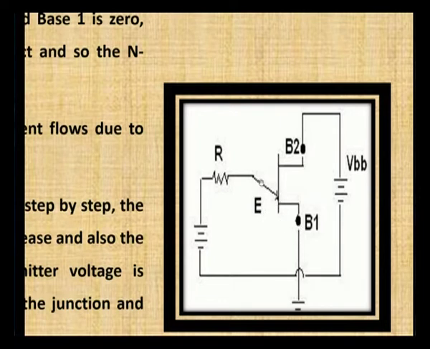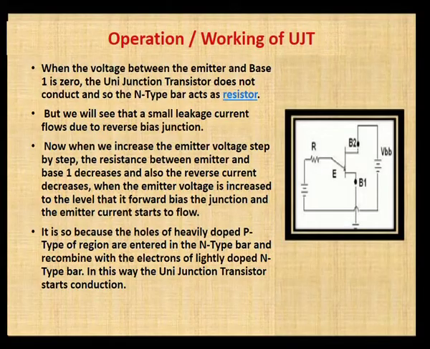there will be no flow of current. The direction of current is shown here, because the unijunction transistor operates in forward bias only when E and B1 is shorted with respect to B2. It is so because the holes of the heavily doped P type region enter the N type bar and recombine with the electrons.